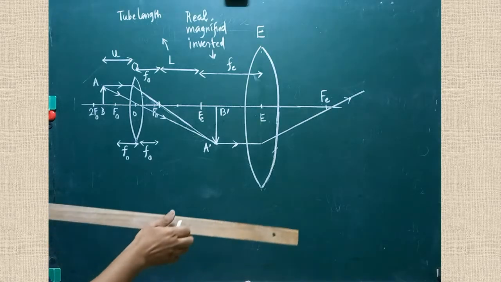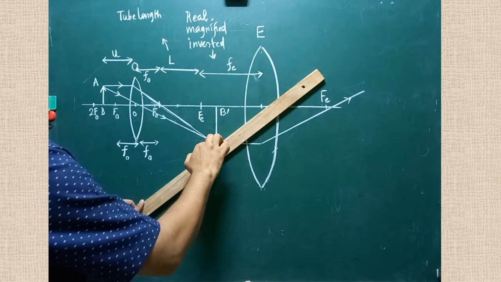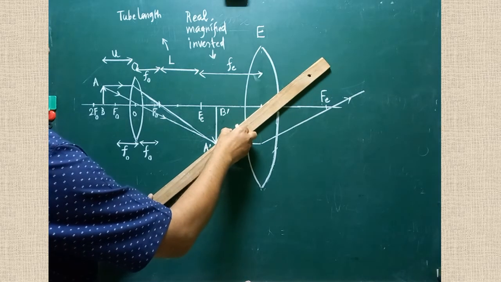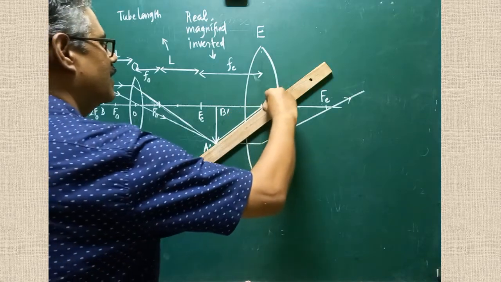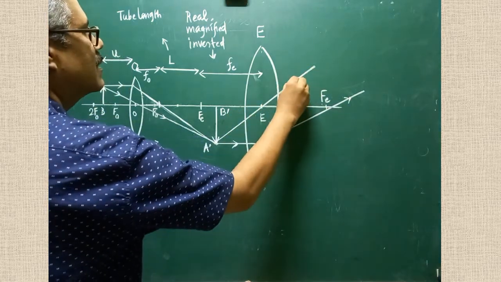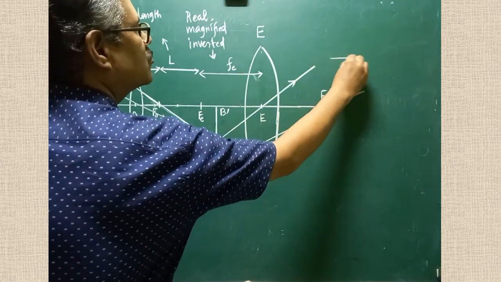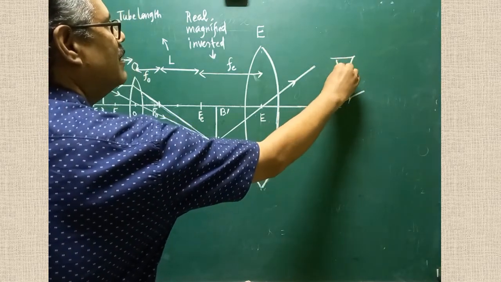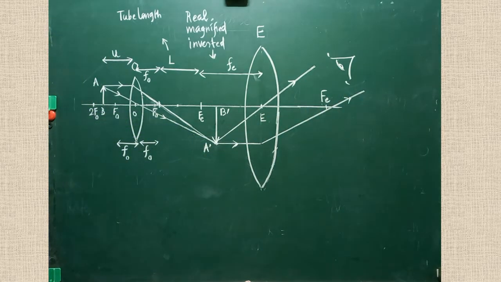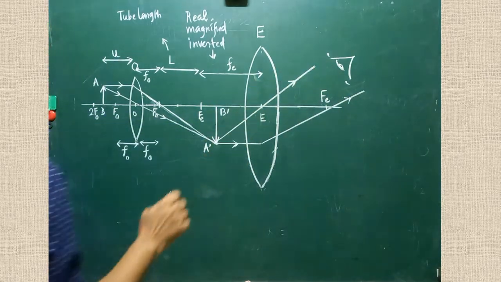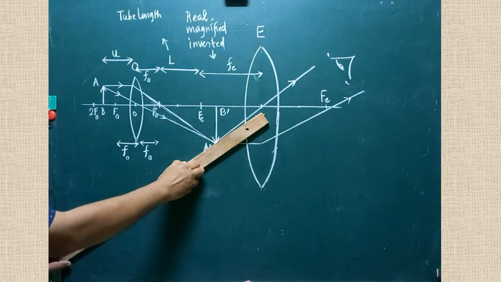And another ray passes from the same head of the image through the center of the eyepiece. Look here, both the two rays are diverging, and your eye position should be here to view the object. Now you are able to observe the magnified image.